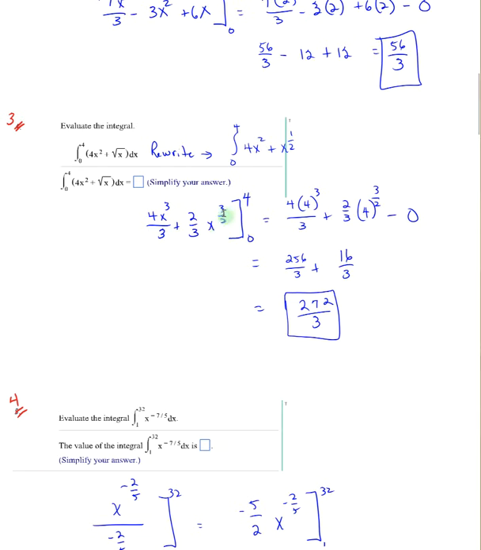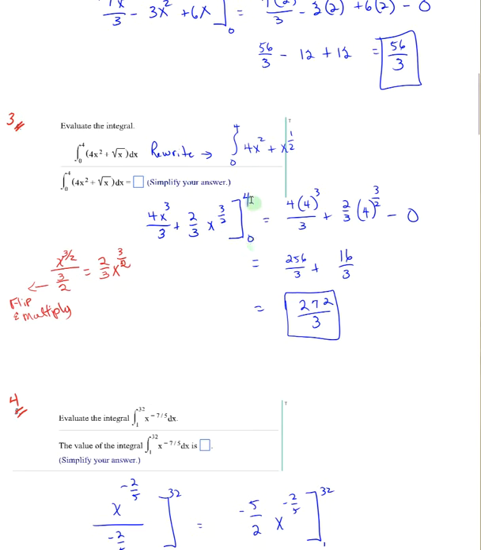So we have x to the 3/2 divided by 3/2. Let me write that out. All right, so that's what you have. You have x to the 3/2 over 3/2. But when you have a fraction on the bottom, you want to flip and multiply. So it becomes 2/3 x to the 3/2.